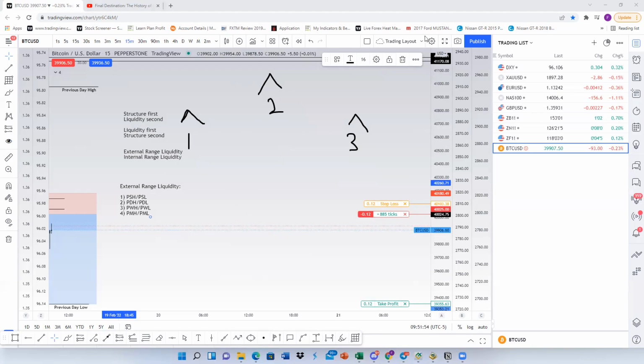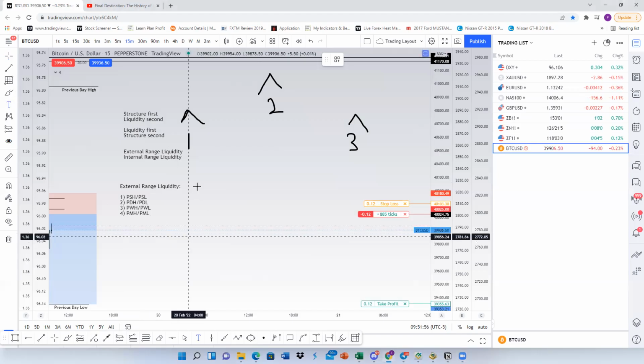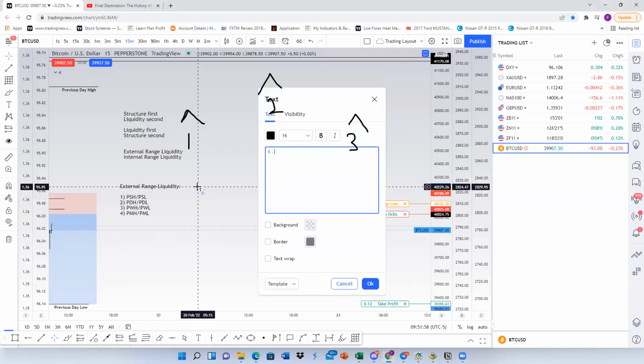Let me write it down. 1 is the engineering of liquidity to be manipulated. 2 is the manipulation of 1 and raid of liquidity into PDRA or imbalancing thing.